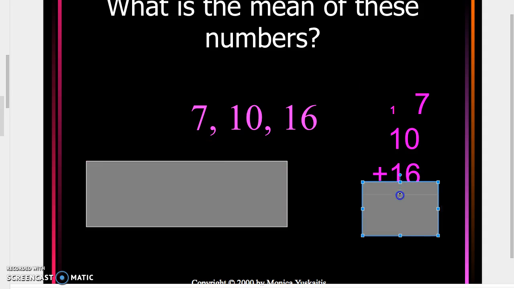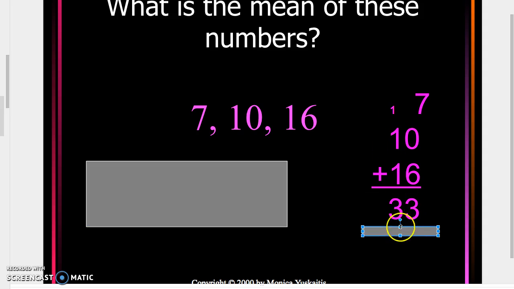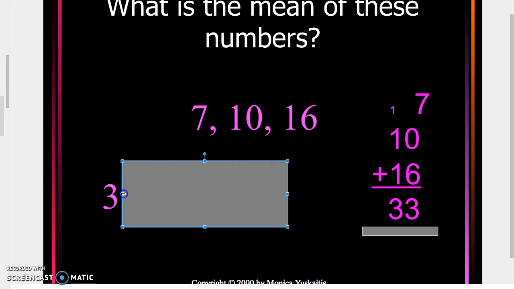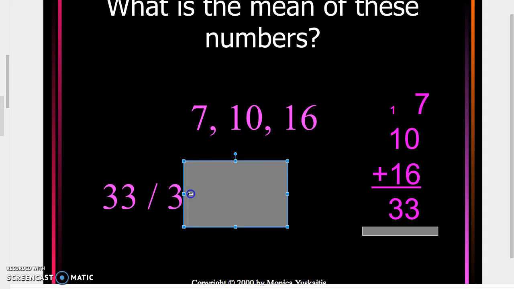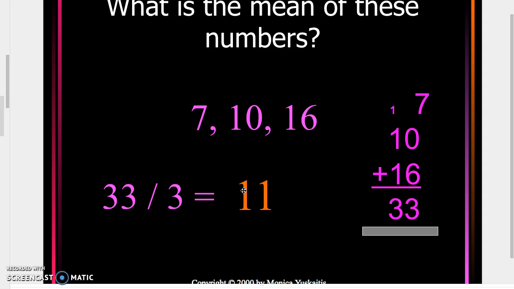I have 7 plus 6 is a 13, so I need to carry my 1, and that equals 1, 2, 3, 33. So now I have 33, and how many addends do I have? 1, 2, 3. So my problem is 33 divided by 3, and 33 divided by 3 equals, that's a fast fact, 11. So the mean of these 3 numbers is 11.